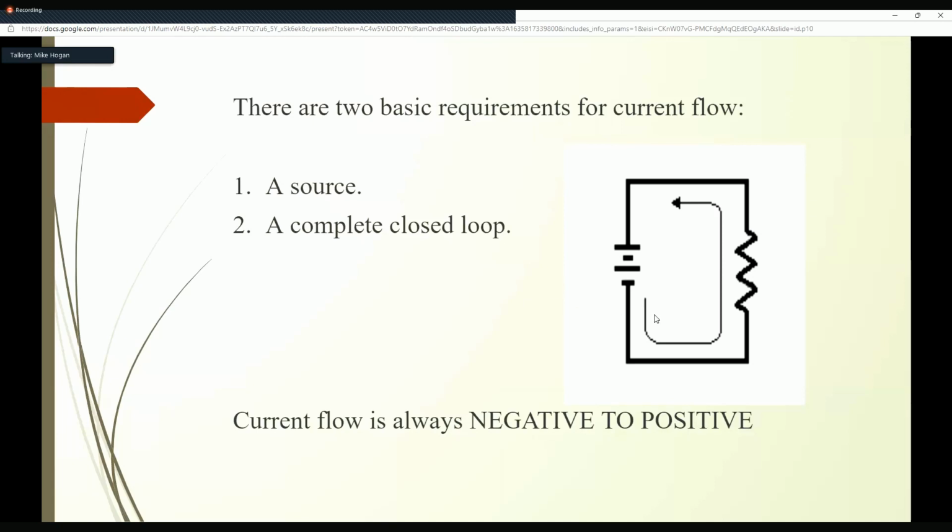Now, the other thing is we always talk about this flow being an electron current flow, negative to positive. Remember what we said about Coulomb's law, likes repel. So I've got these negative electrons in this copper wire, made up of atoms that have one valence electron that's just dying to be removed and go somewhere else.